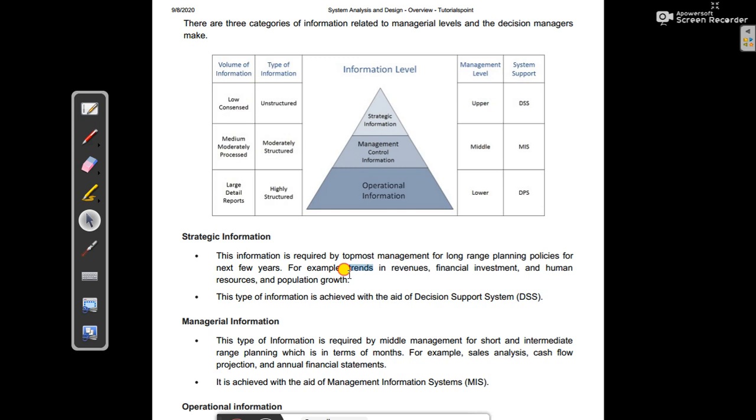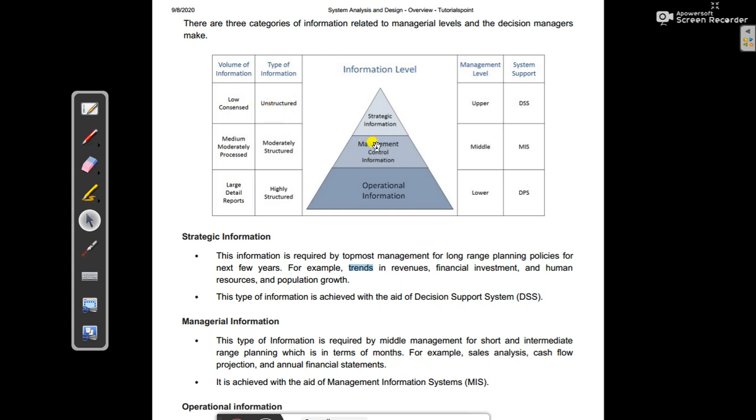So these are kinds of strategic information. Here the management level is upper, the system is a decision support system, the volume is low, and the type of information is unstructured.